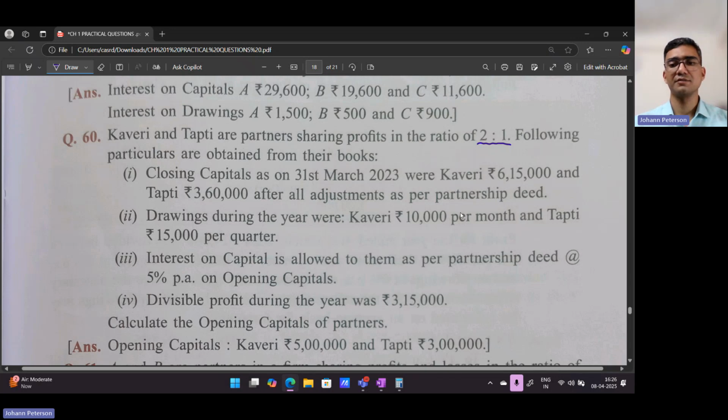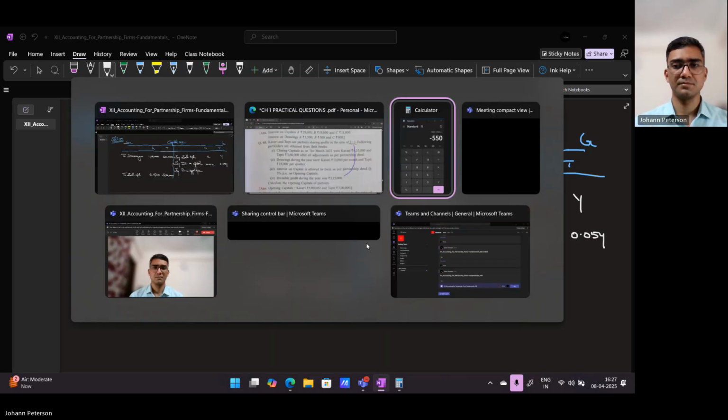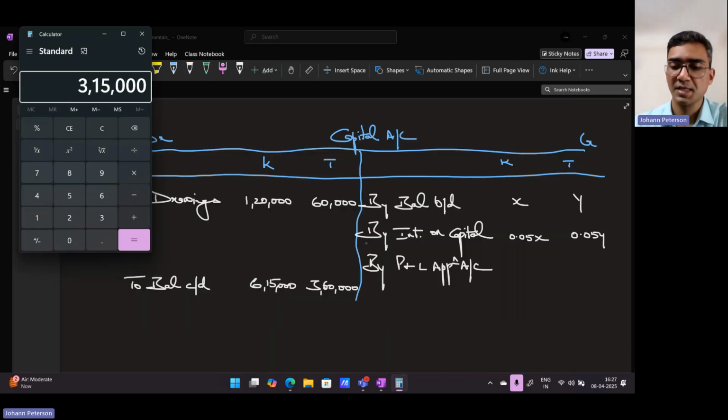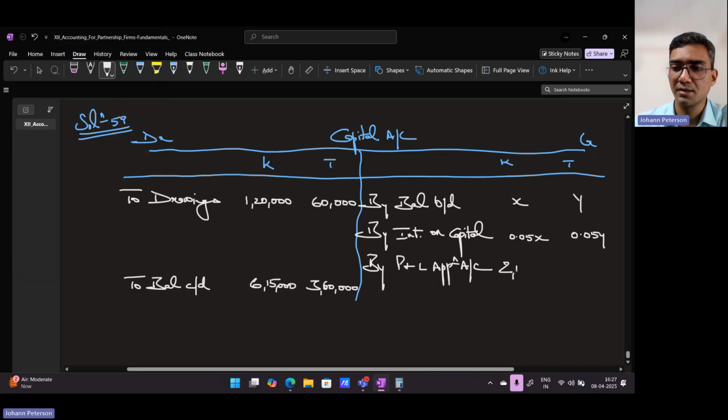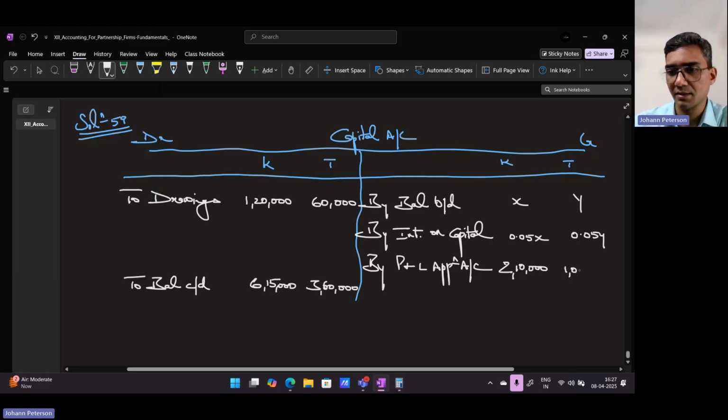So we'll divide 3,15,000 in 2:1. 3,15,000 into 2 divided by 3 gives us 2,10,000. So here I will write 2,10,000 and the other will be 1,05,000. Right? 3,15,000 will come only if this is 1,05,000.